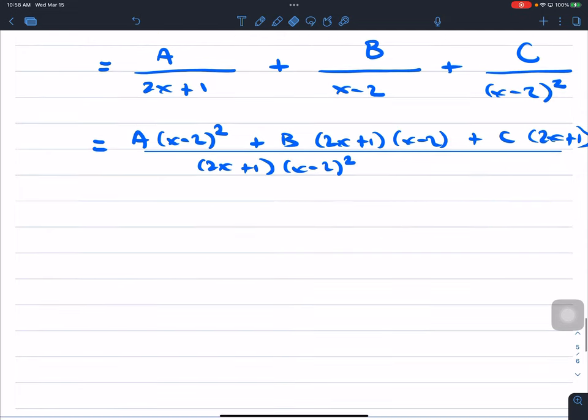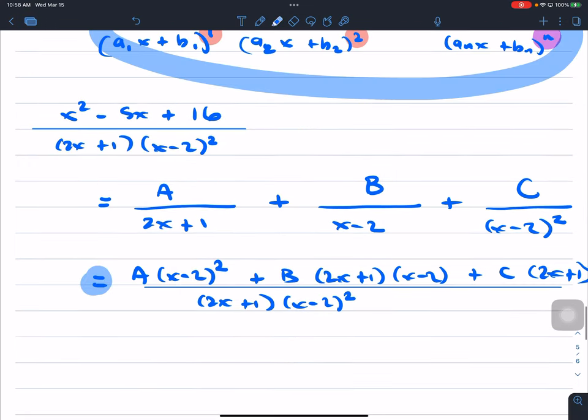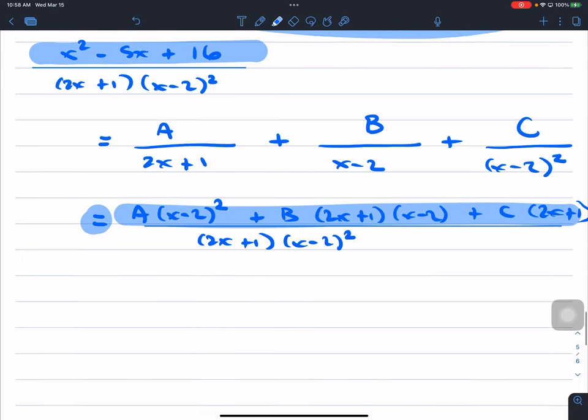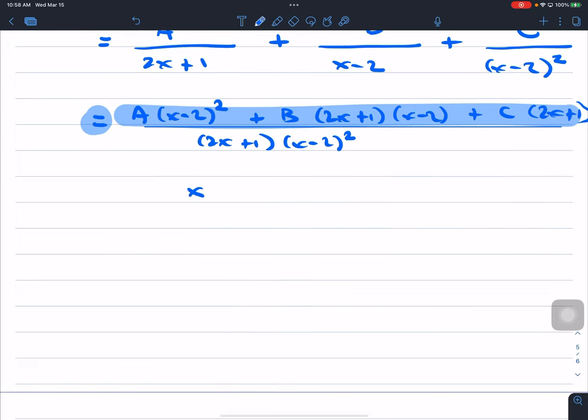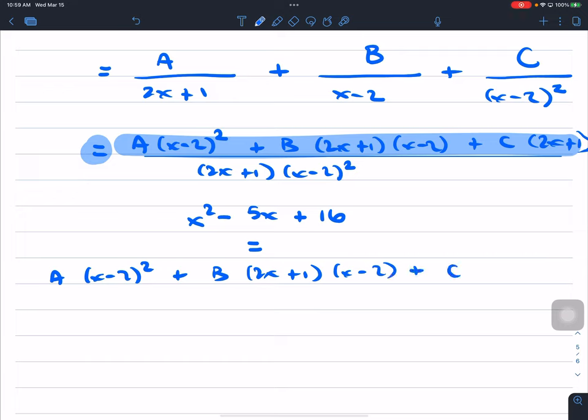Okay, now you say, what does that mean, Mr. Judge? Again, you have equal fractions with the same denominator. That means my numerators have to be the same. So you have that x squared minus 5x plus 16 will equal A times x minus 2 squared, B times 2x plus 1 times x minus 2, C times 2x plus 1.